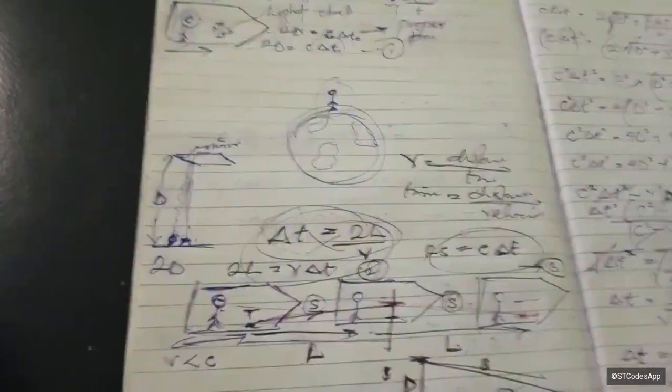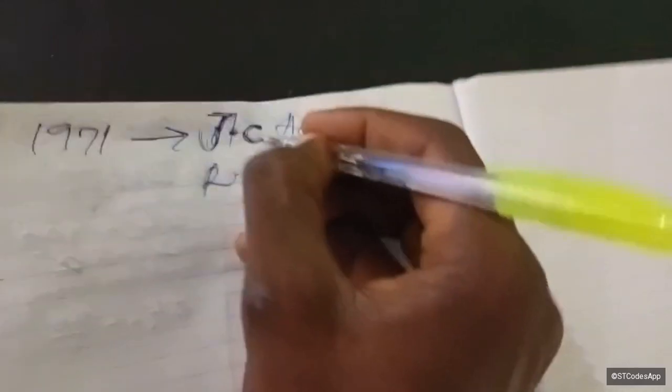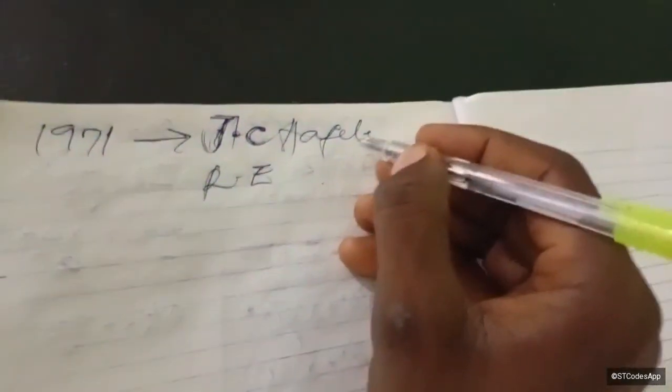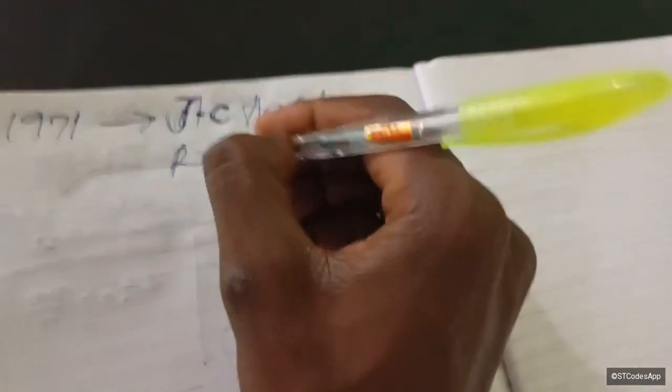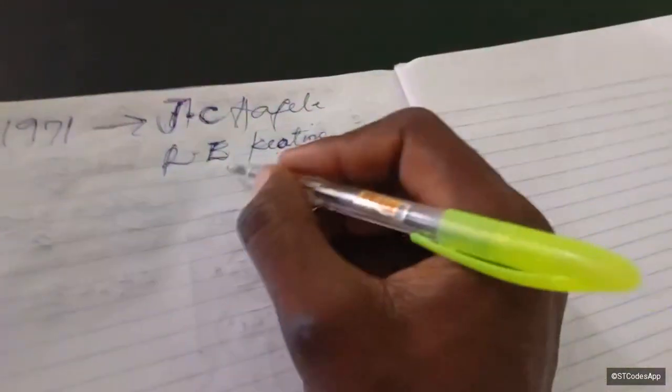That's time dilation. So basically, in 1971, these two scientists, J.C. Hafele and R.E. Keating, actually, let me check the spelling.